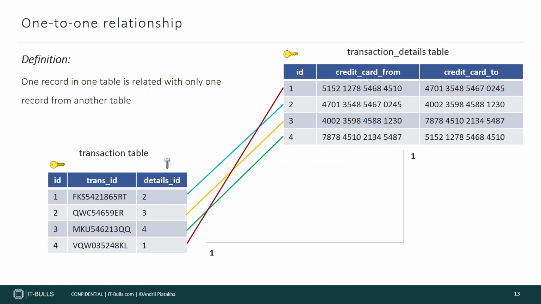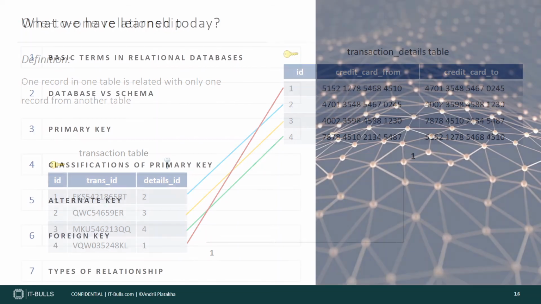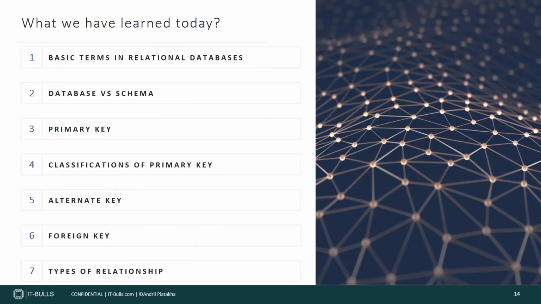That's all I wanted to share with you in this lesson. Now, let's recap what we have learned today. In this lesson, we learned basic terms in relational databases. Now you know the difference between such terms as database and schema. We reviewed in detail what a primary key is. Also, we have learned different classifications of primary keys, such as single and compound, natural and surrogate.